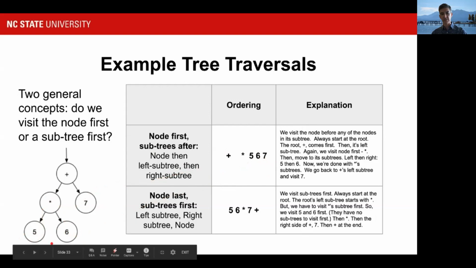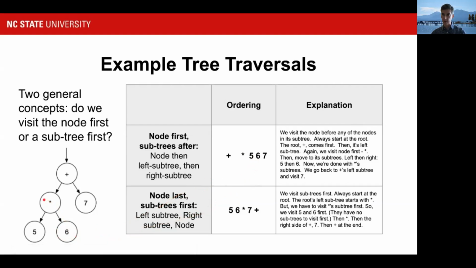But 6 doesn't have any subtrees, so we're done for everything at 6 after just visiting that node. So then we go back up to star and we realize, oh, we visited all of star's subtrees. So then we go back up again. And then we realize, oh, we did plus's left subtree, but we need to do its right subtree now. So then we would visit 7. And that would be the last node that we need to visit since 7 doesn't have any subtrees.